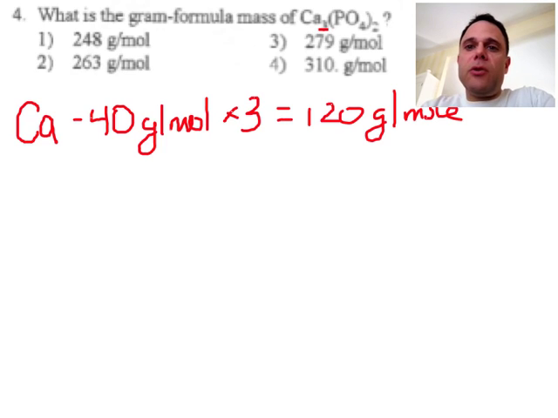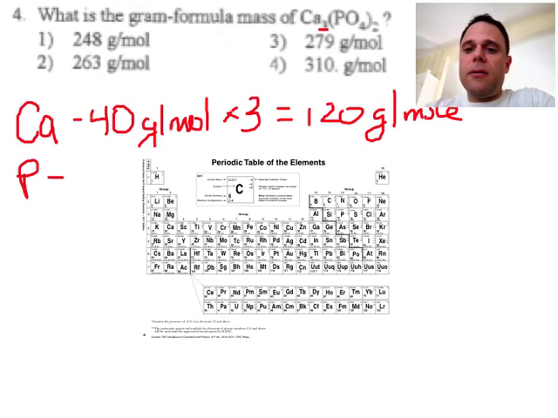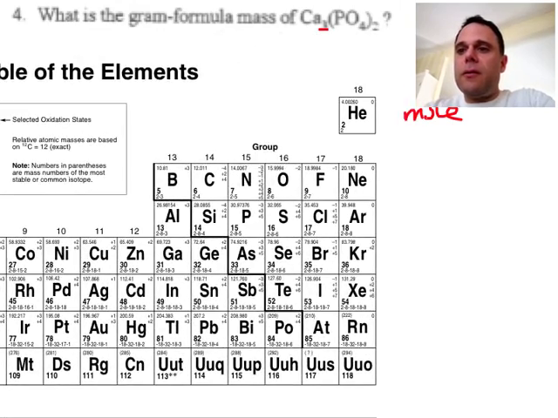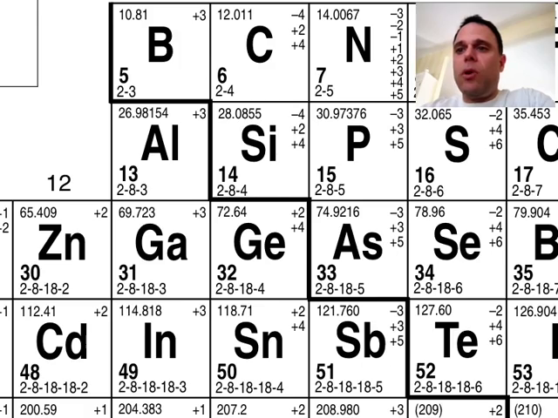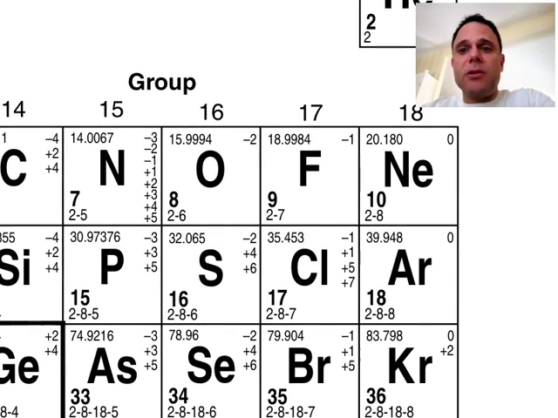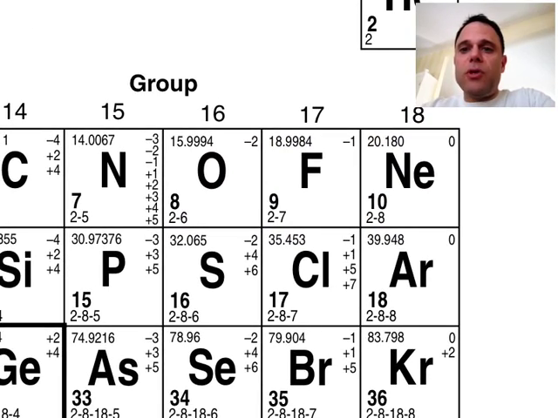Now, let's take into account the phosphorus. Phosphorus's mass is right here, 30.97. We'll round that to 31. And while we're here, let's take a look at oxygen's mass too. Oxygen's is 15.9994. We will round that to 16.